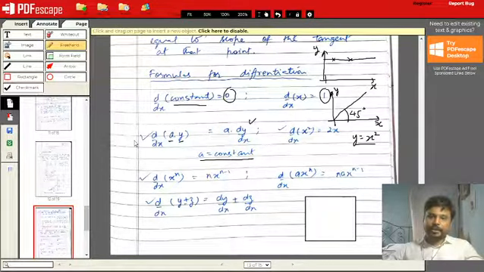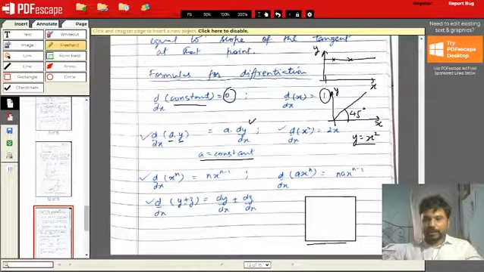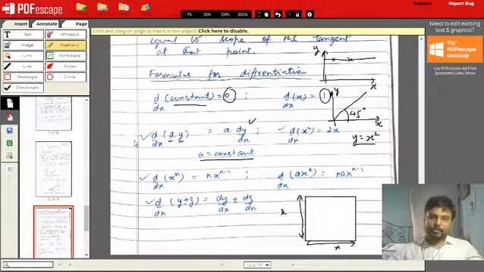Here we are looking for the area of the square. So this particular distance is x, and this particular distance is also x. Let us increase the size of this square.